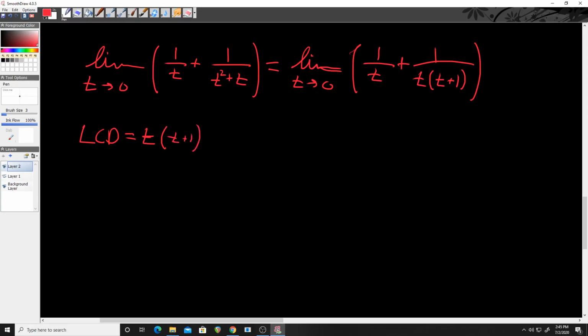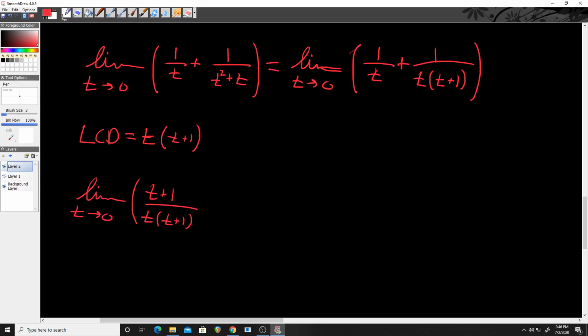Okay? So now, just like we've done a million times in pre-cal or AP, we multiply each term by what's missing, right? So 1 over t, it already has the t, but it's missing the t plus 1. So we multiply this one by t plus 1 over t plus 1.